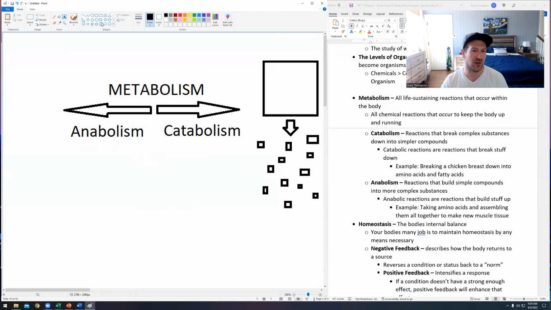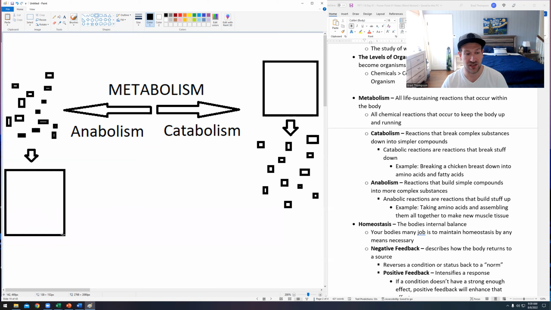And that's taking something really simple, or a series of very simple things, and building them up into something very complex or big, taking something small and making it into something big. So that's sort of what our metabolism is, right? You're either taking something complex and breaking it down, or taking something simple and building it up.